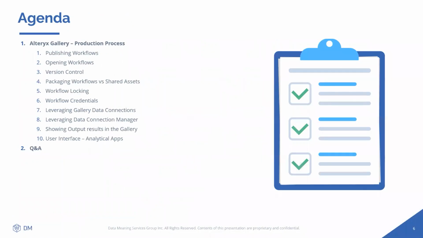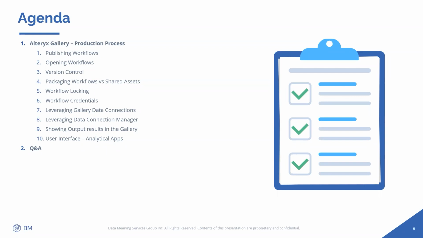And for our agenda here, today we are going to be talking basically about the production process, right? So you have a workflow, how to get your workflow to show in your Gallery, right? And from there, you'll be able to share and do all of those things that you learned in the previous webinar. So we will be learning how to publish workflows, open workflows, and everything related to that.